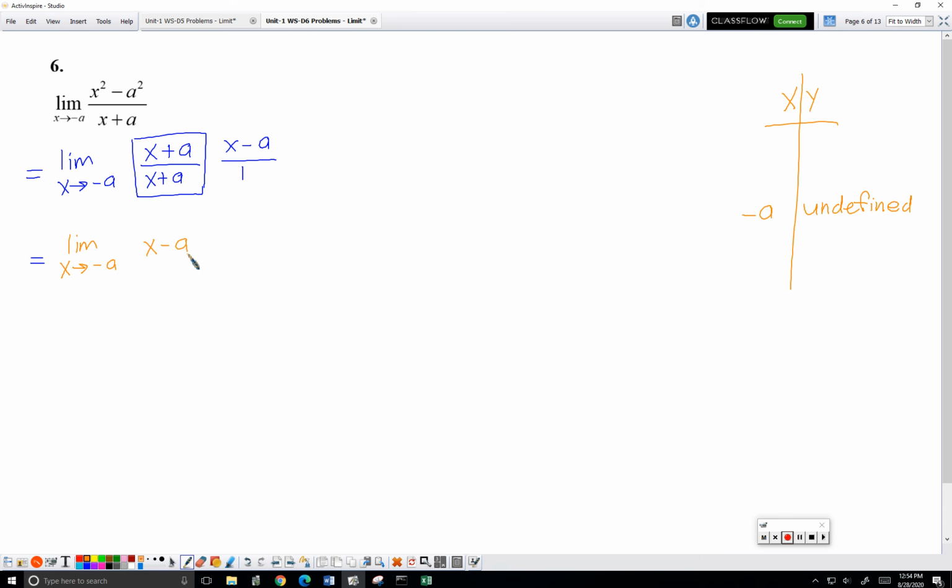Negative a. So Claire noticed that. If you plug in negative a, this becomes undefined. Undefined times something is still undefined. But in terms of the limit, we're okay, because we're not going to plug in negative a. That's why this line is equal to this line, because of the limit.